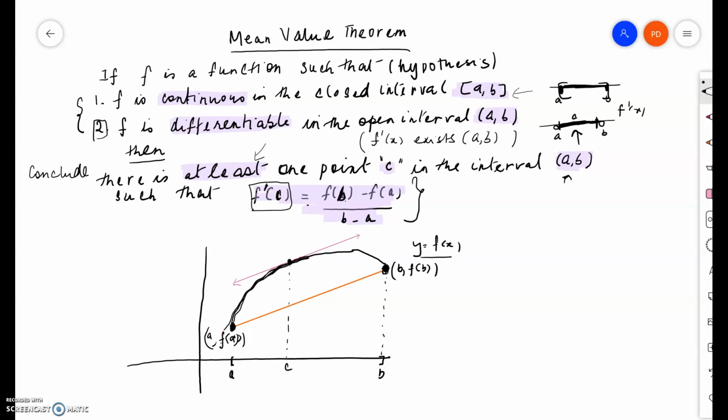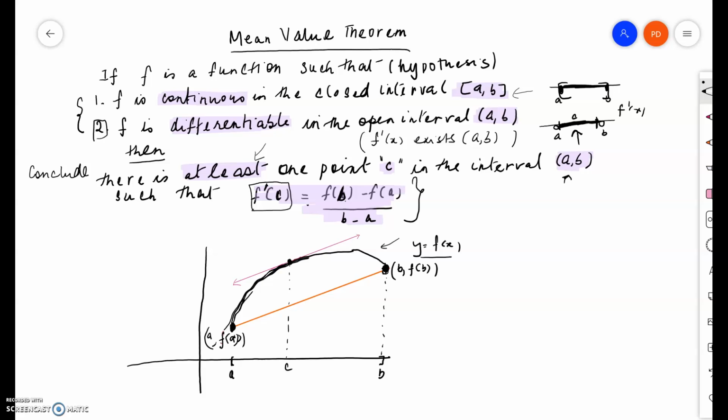Now let's see what this means geometrically. Here I've sketched the graph of a function f that satisfies the two conditions in the hypothesis of the mean value theorem. So we have a smooth curve. So the function is continuous in the closed interval [a, b], including the endpoints.